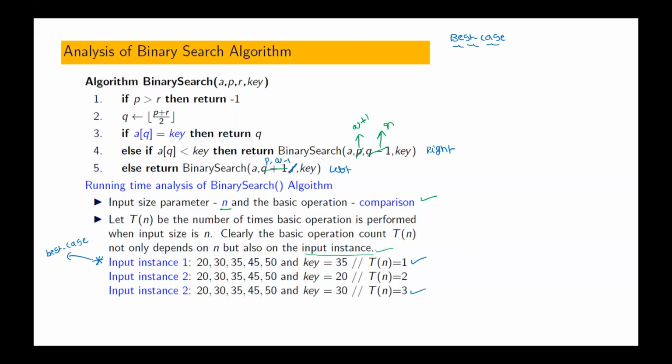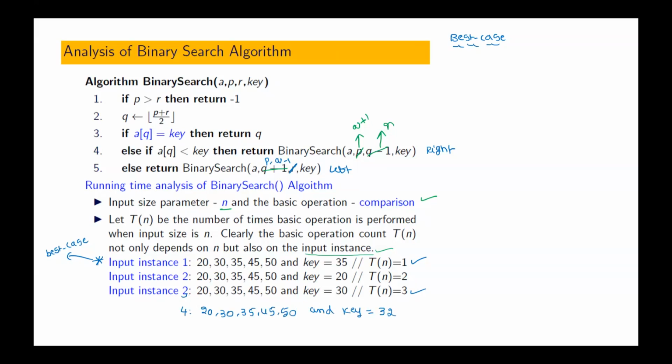Now the same thing, this is input instance 3 here. Same thing, instance 4: 20, 30, 35, 45, 50, and say key equals 32. Key is 32.